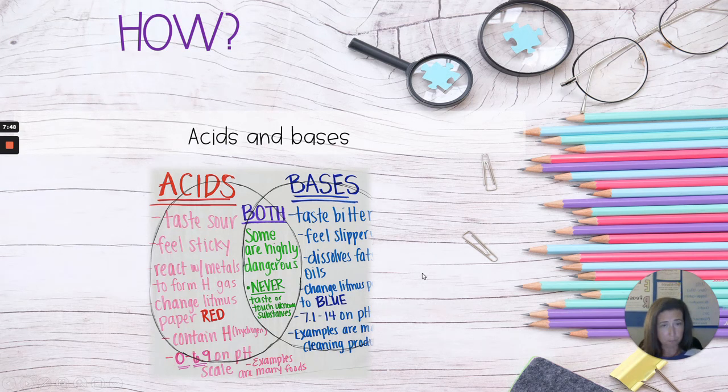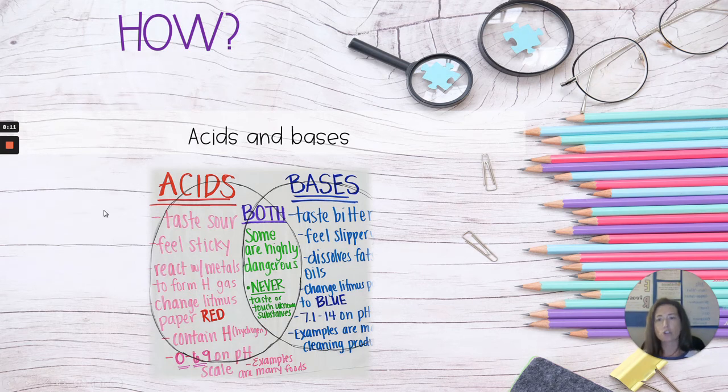One other thing that I like to do, I don't know if this is a little extra or not, but I like to try to use colors. Well, I like to use colors all the time, but I like to be intentional in the colors that I use. So for those of you that teach a topic like acids and bases, acids, you will know, will turn litmus paper red.